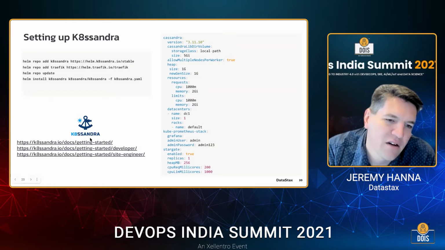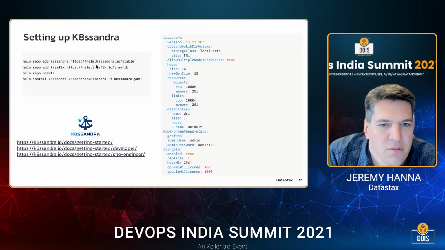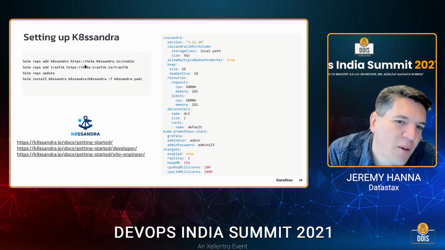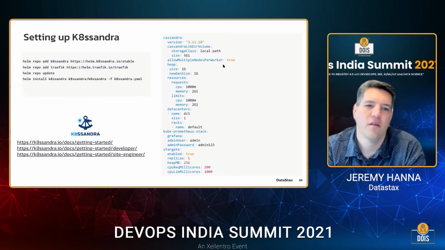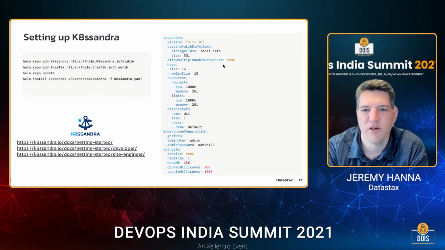K8ssandra has a lot of different documentation, but it starts with the full project, which includes an operator and includes Helm charts and includes configuration. So if you're familiar with Cassandra and you're familiar with the storage in stateful sets in Kubernetes, some of this should look familiar for you.